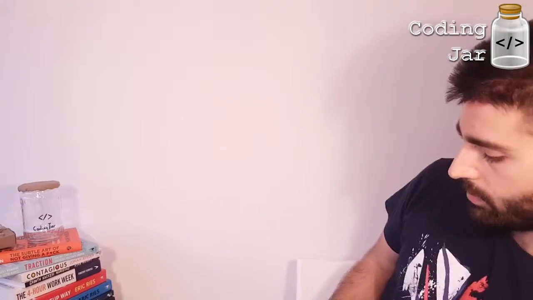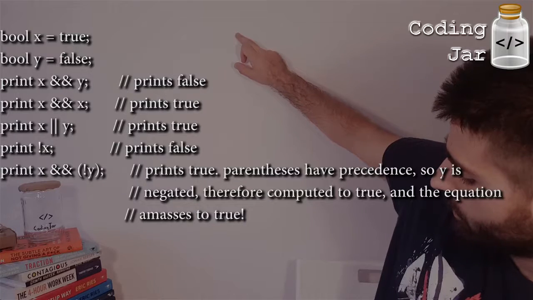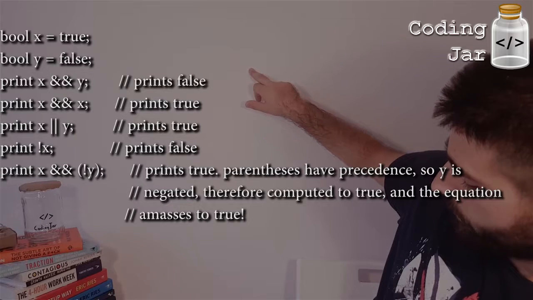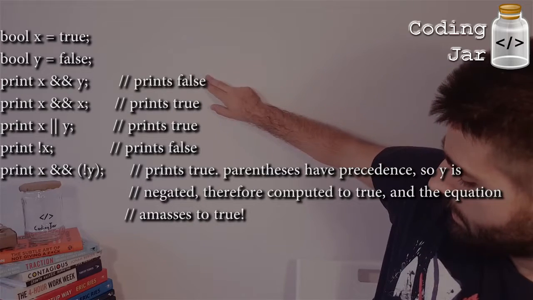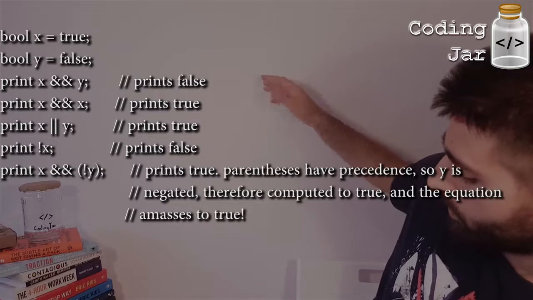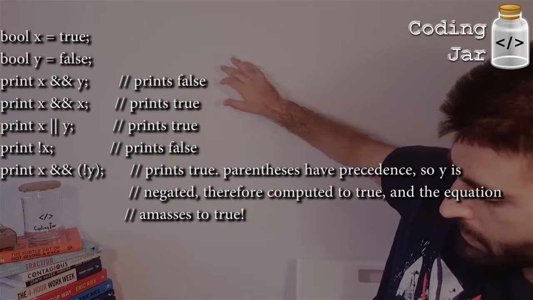And here is an example. Let's say we have X is true and Y is false. If we print X and Y, we get false. If we print X and X, it will print true, because X is true, so we've got true and true.